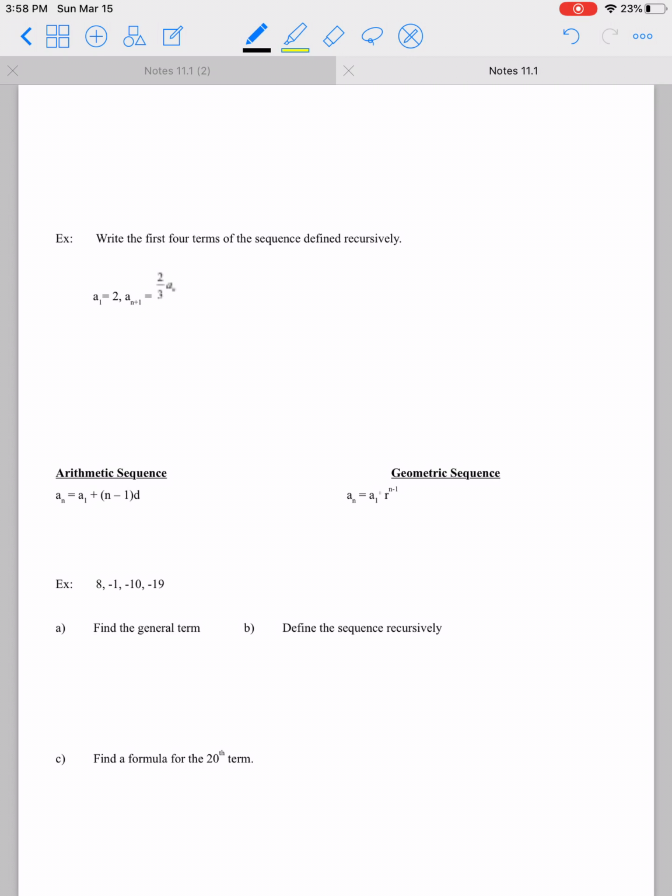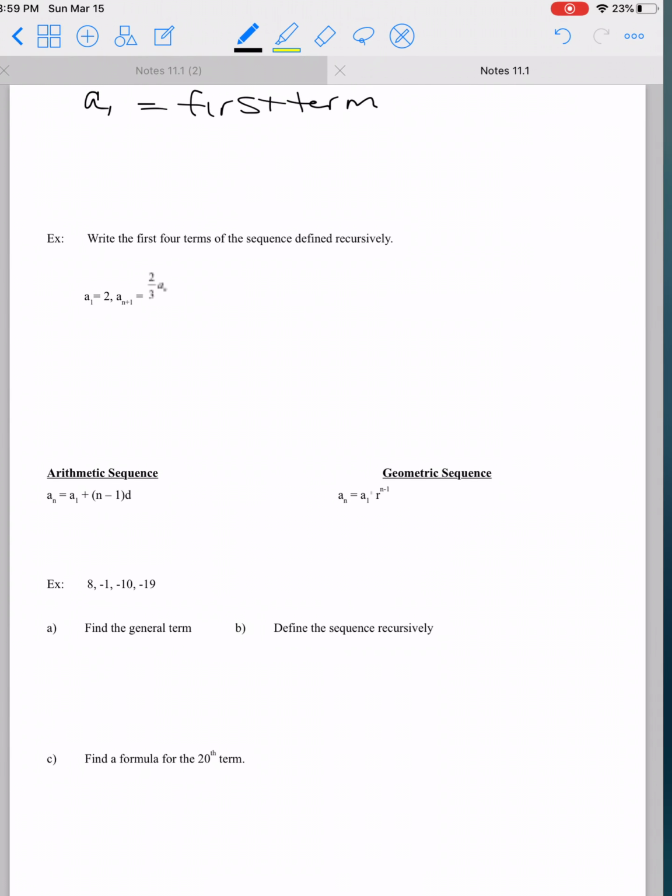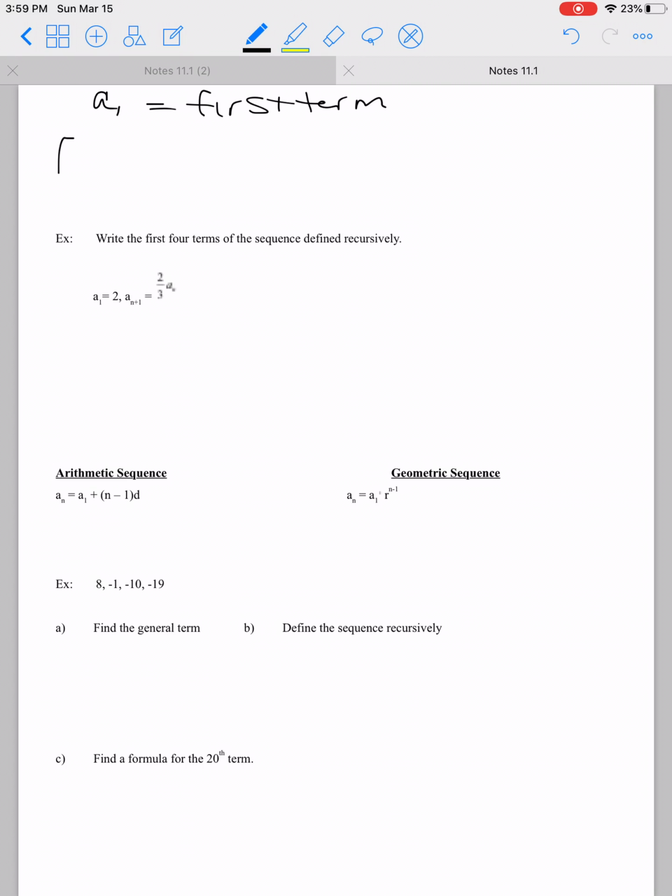The two parts of the recursive definition: the first term, so a sub 1 is the first term, and then we have a formula, and it's how we're going to find the next term.